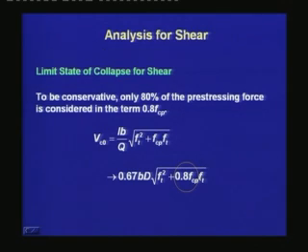Thus, instead of taking the full prestressing force, to be conservative, the expression in the code considers only 80% of the prestressing force, prestress at the level of CGC. Thus, we have derived the expression of the shear force that causes web shear cracks near the supports of a section.